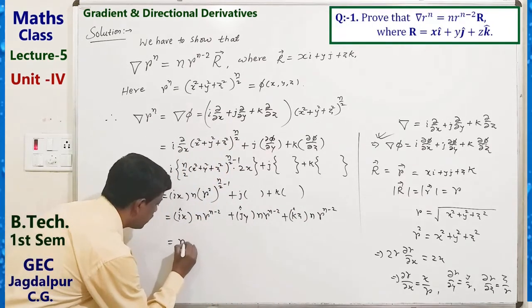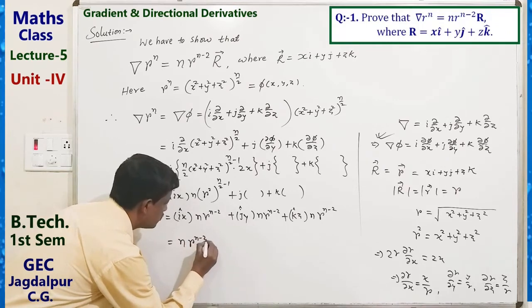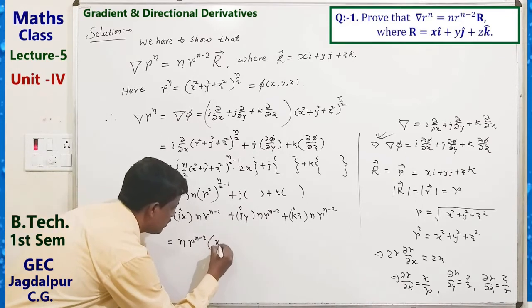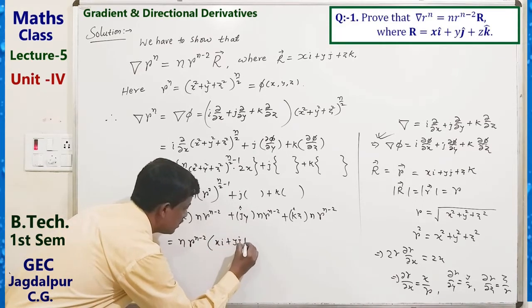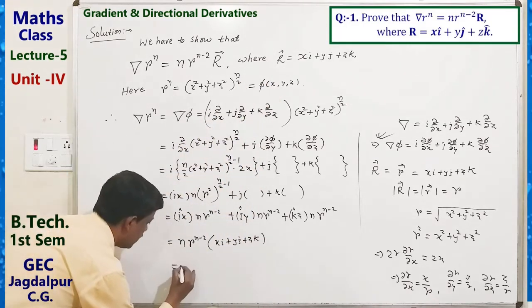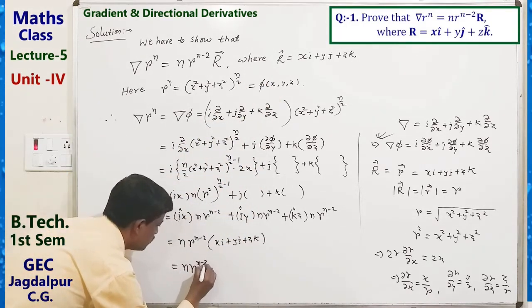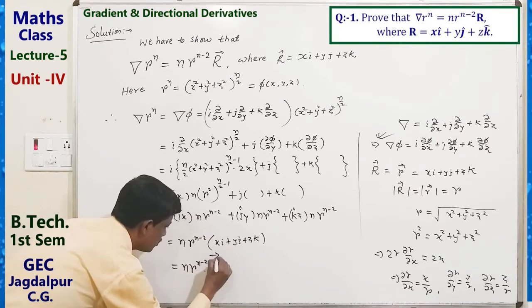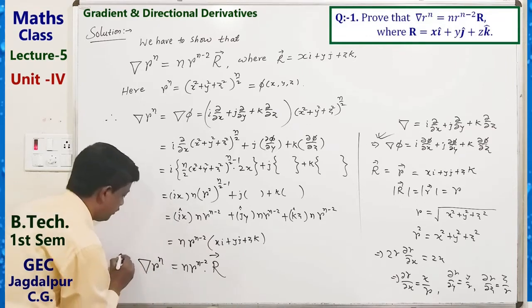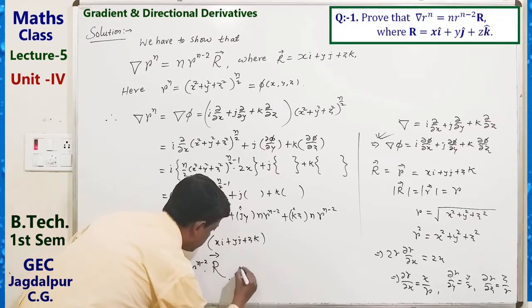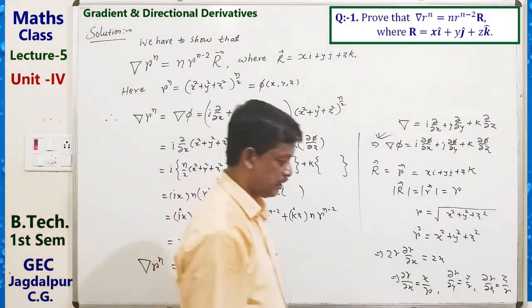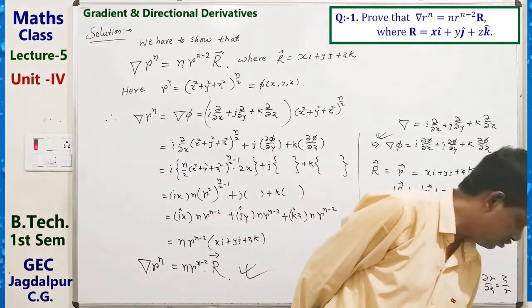So here take r^(n−2) common, and we get x i, y j, z k. This is what? r. So n r^(n−2) vector r. Okay, so this is the result: n r^(n−2) vector r.